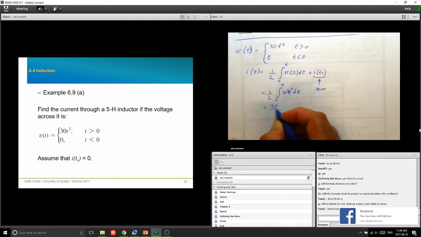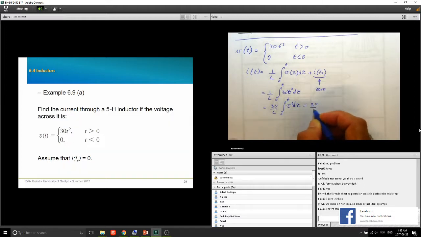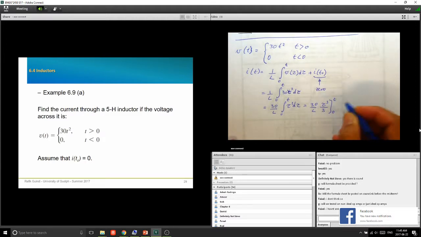So the 30 can come out, from 0 to t of tau squared d tau. If you integrate tau squared d tau, that's tau cubed over 3, right? And the limits are from 0 to t. That gives you 10 over L t cubed.